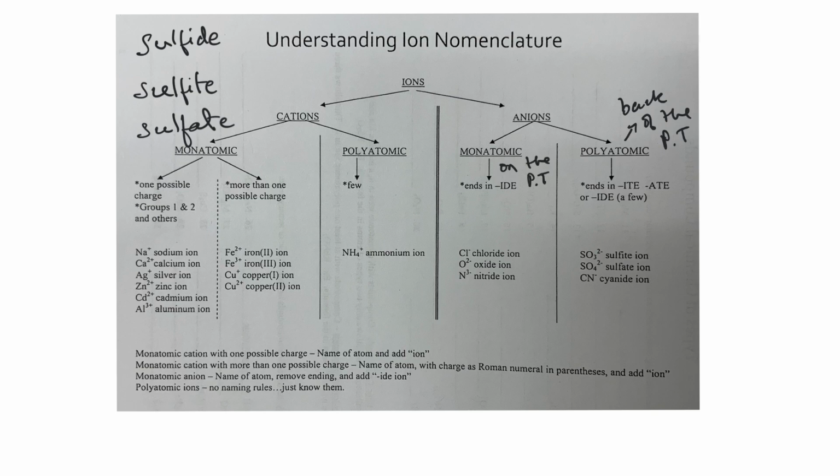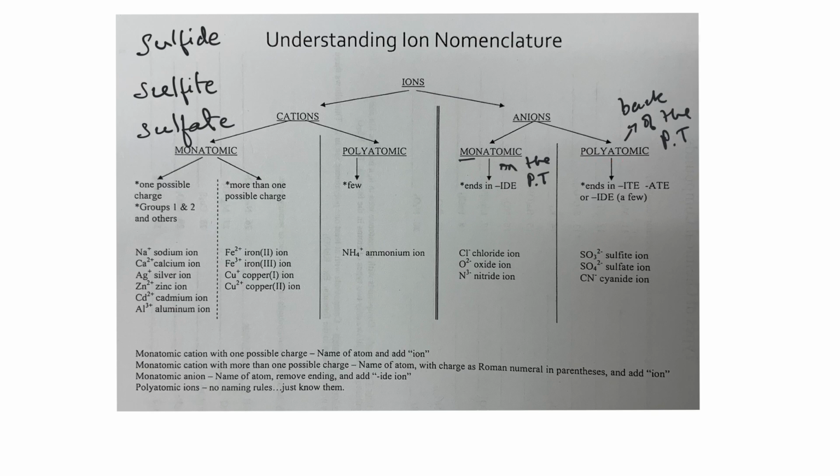Okay, monoatomic ions are mono, meaning it's just one element. So sulfide, in this case, is a monoatomic ion. You know that because you notice it ends with IDE. Ide makes it monoatomic. Okay, so it is very important that when you look at the spelling, you're able to figure out if it's monoatomic or polyatomic.